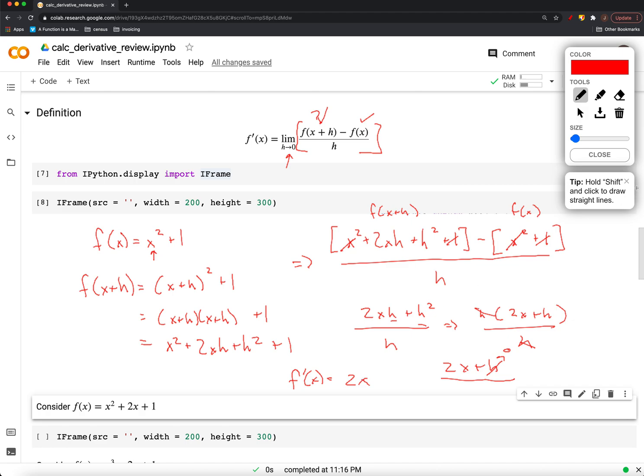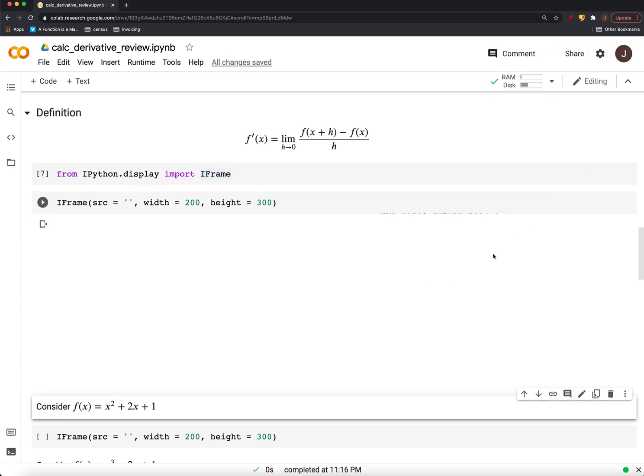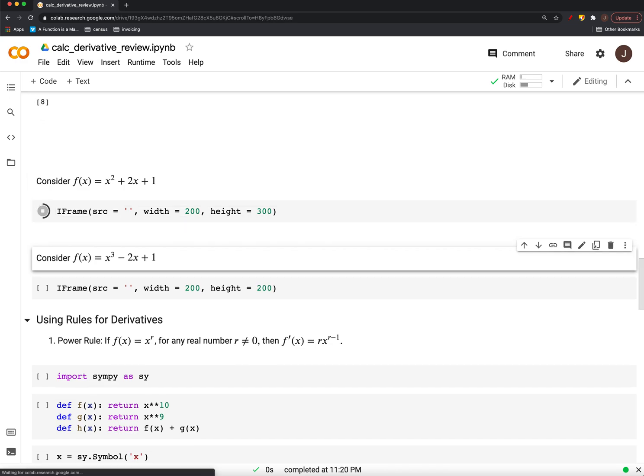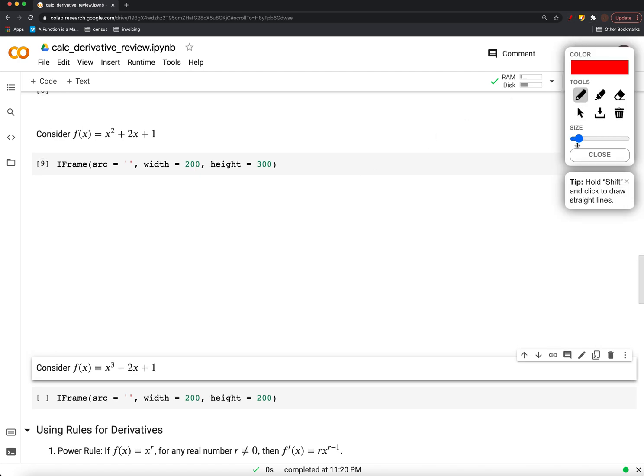All right, let's do a couple more. So now another similar expression, x squared plus 2x plus 1. But the routine is the same. We've just got to take our time, relax, and find the different pieces. So we know what f of x is.